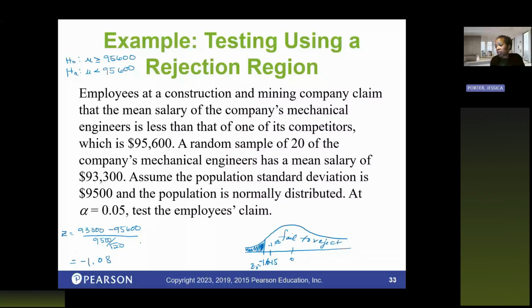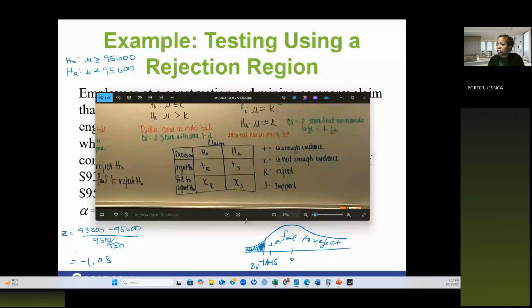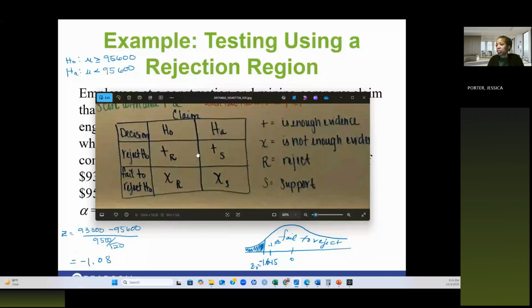Okay. So let's go back to our handy dandy graphic and see how do we word our solution. The claim was the alternative, remember that.